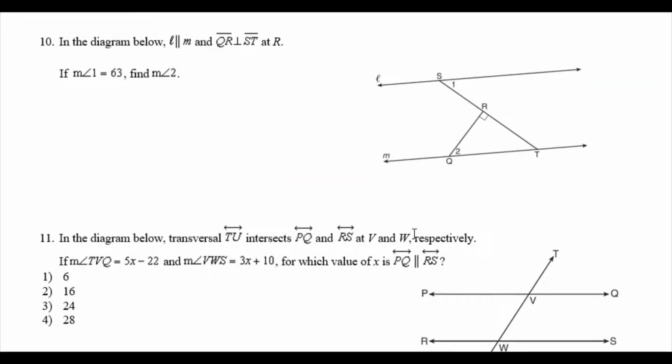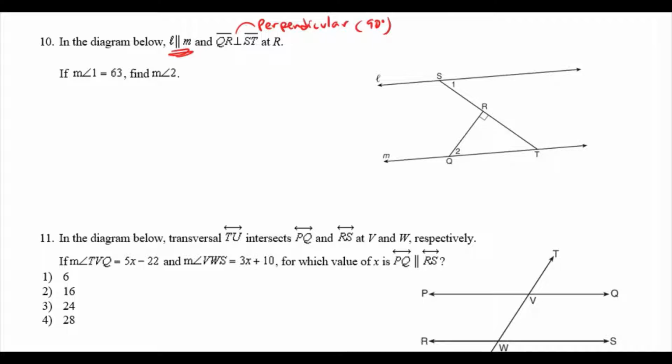Okay. Diagram below. So I can see the lines are parallel, and we have a 90-degree angle being formed when QR and ST meets. Remember, this upside down T symbol means perpendicular. Okay, so we get a 90-degree angle there. All right, so there's our 90-degree angle.